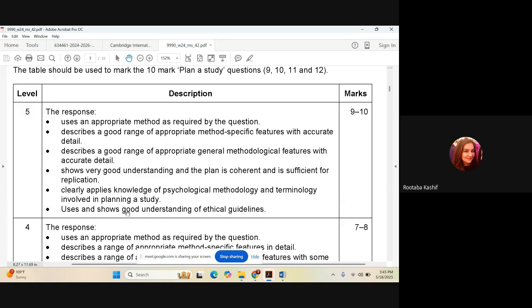It shows good understanding of ethical guidelines. Yes, it does. So this is going to be a level 5 response. If the examiner is very strict, they'll just give it a 9 out of 10.